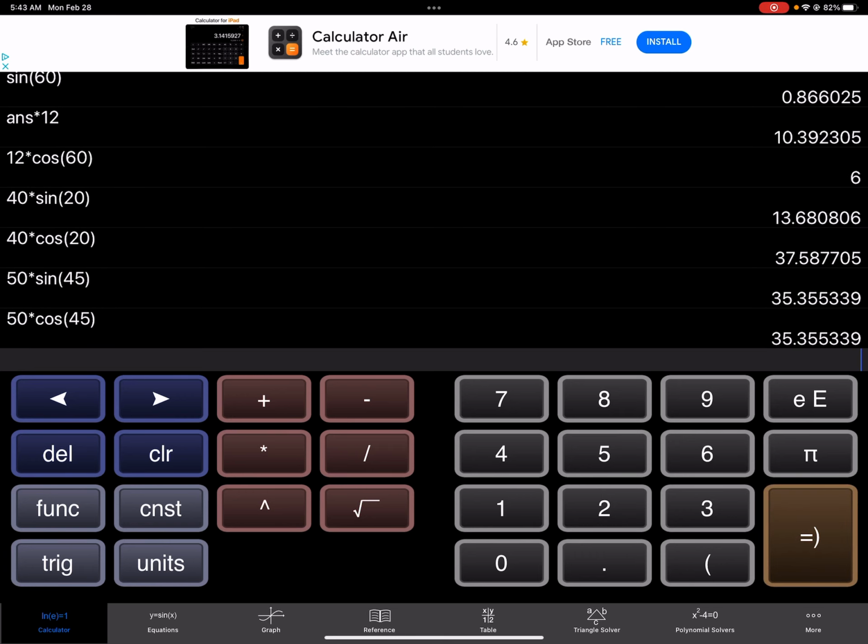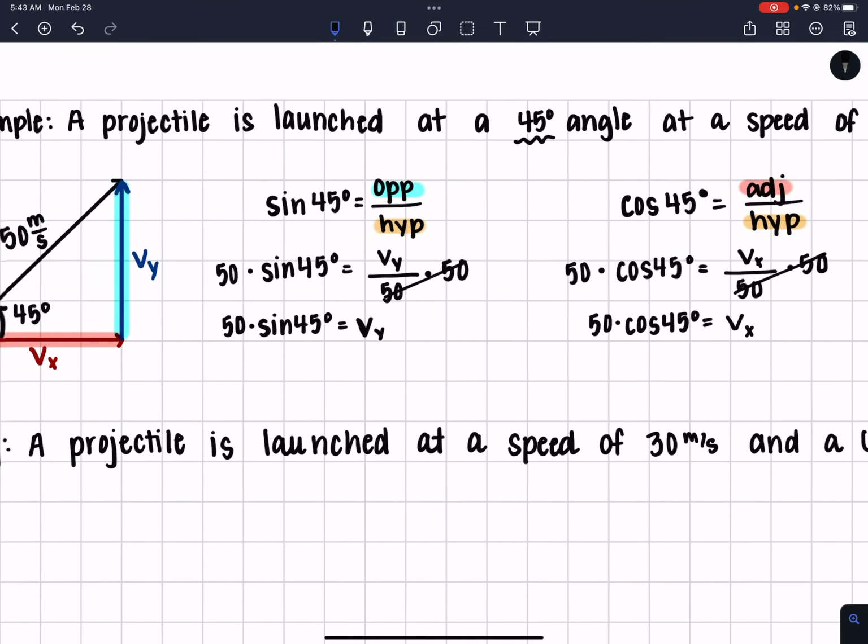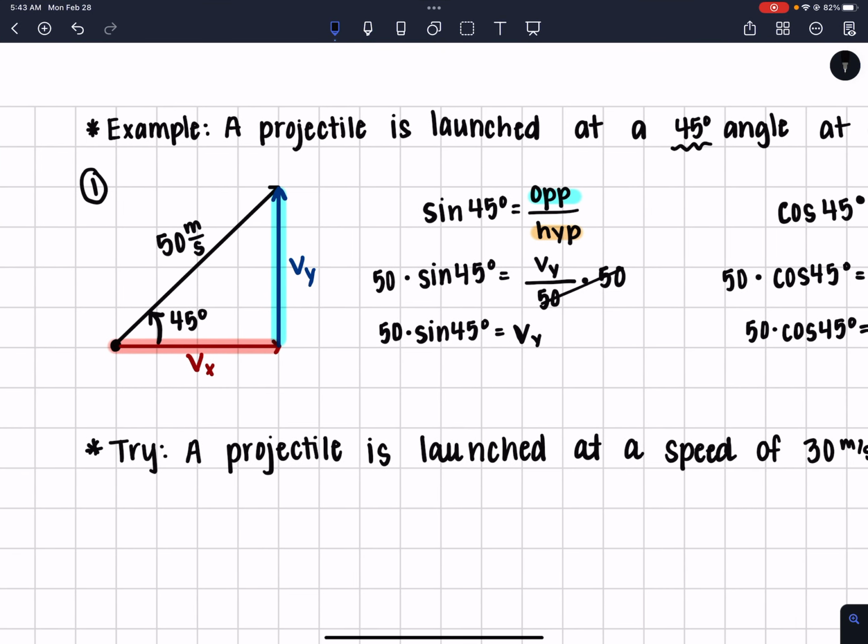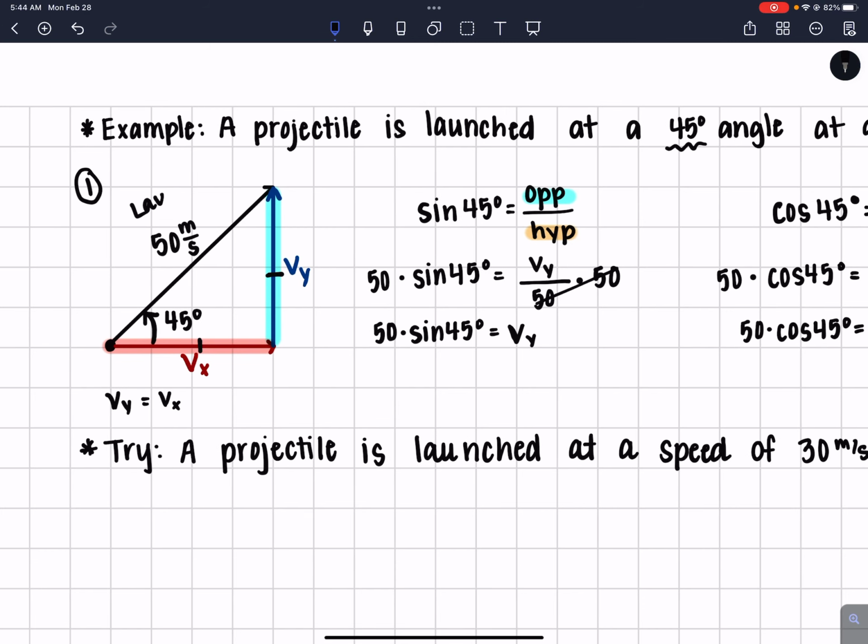In fact, I should get the same thing. You see, a 45-degree angle produces what's called an isosceles triangle. What I mean by that is the two legs of the triangle are congruent. So whenever your angle is 45 degrees, your vertical speed is going to equal your horizontal speed. Essentially, what's happening here is that my launch speed, when launched at a 45-degree angle, is split evenly between my vertical and my horizontal components.